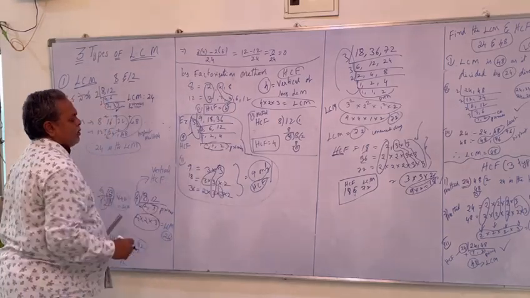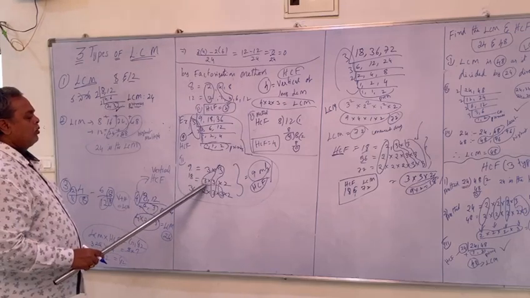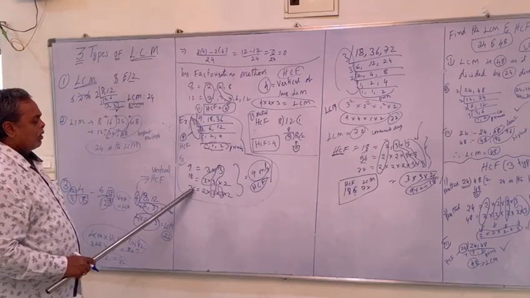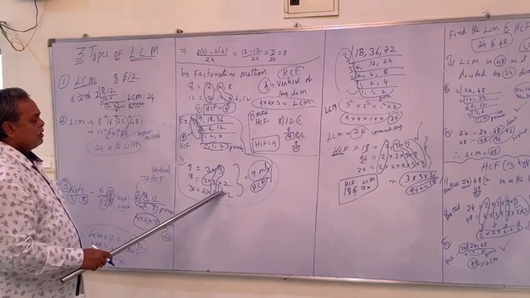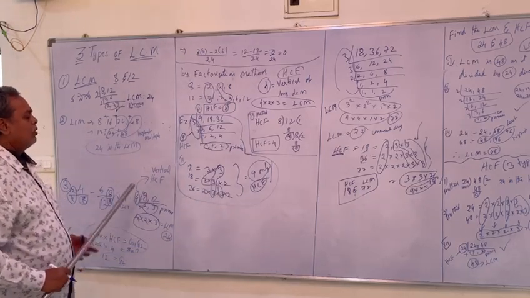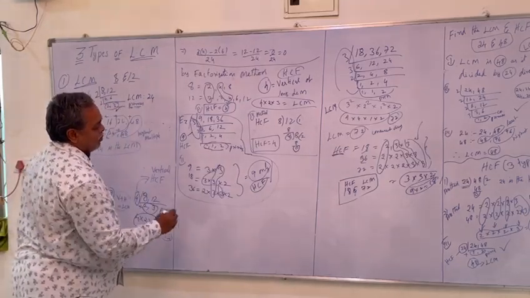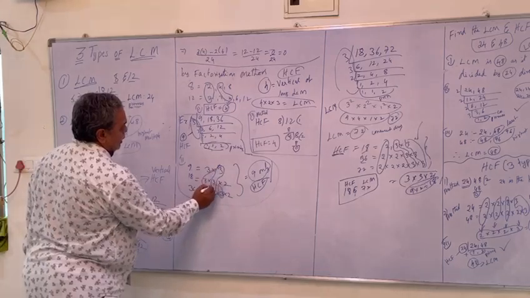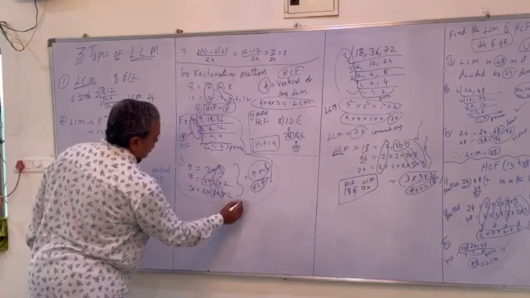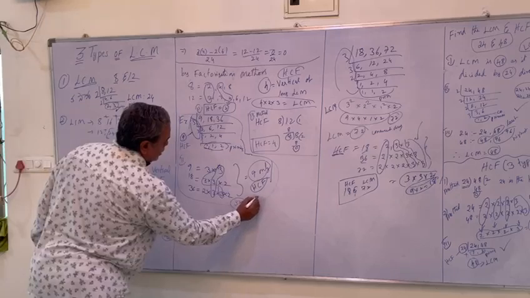In the factorization method, 9 has the factor 3 into 3, 9. 18 is 9 into 2, 3 into 3, 9, 9 into 2, 18. That is the factor. Another one, 2 into 3 is 6, 6 3s are 18, 18 2s are 36. In these, the common factor is 3 and 3. That's why 3 into 3, 9 is the HCF. 9 is the HCF.